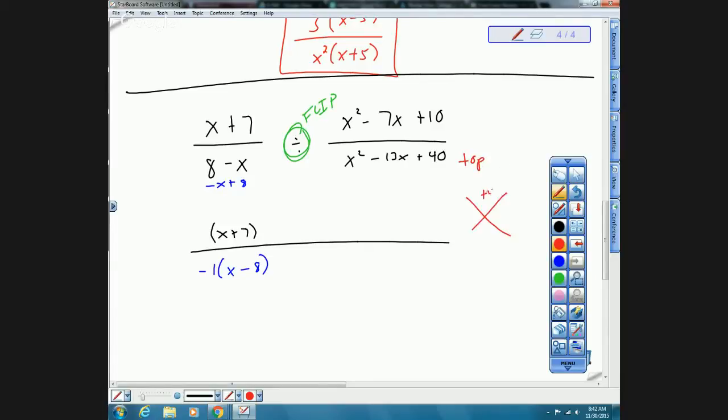So what multiplies to be 40 and adds up to be negative 13? Negative 8 and negative 5. And then on the bottom, what multiplies to be 10 and adds up to be negative 7? Negative 5 and negative 2.